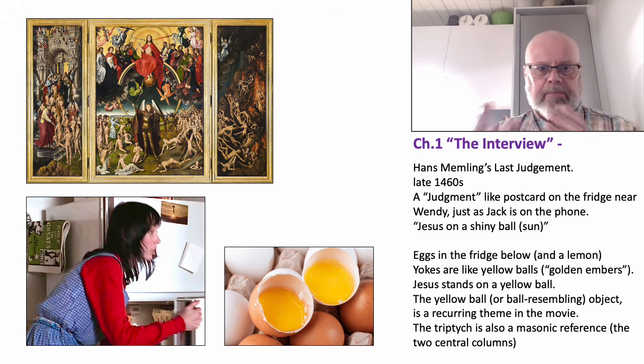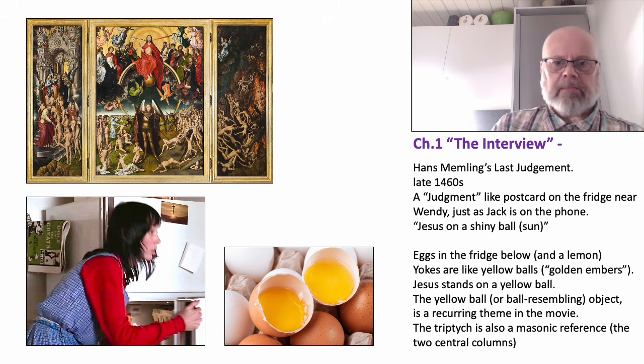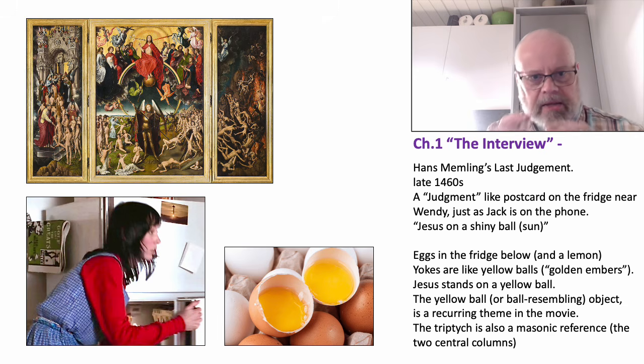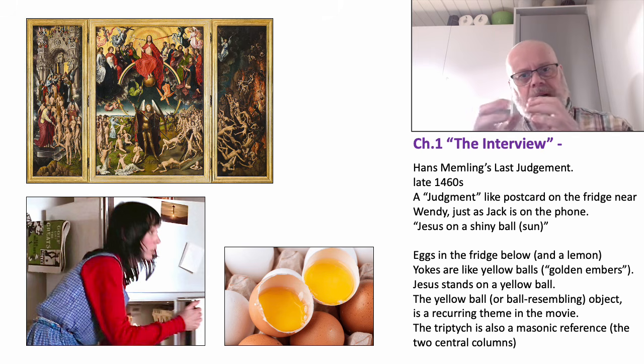Jesus on a shiny ball, just like in the Memling triptych. There are eggs in the fridge, and eggs are a little yellow. The yolk is like a lemon, or there's also a lemon in the fridge. A little yellow object. It's the stand-in or placeholder for Winnie the Pooh.